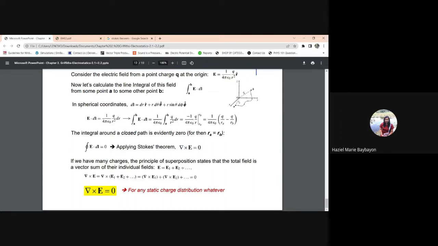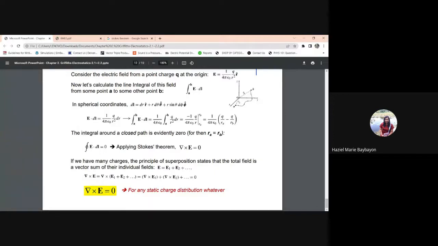Now, if we integrate this over a closed path, say for example, if r sub A is equal to r sub B, then integrating this over a closed path, we will get 0.